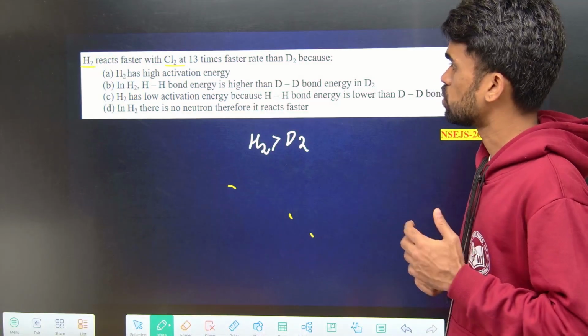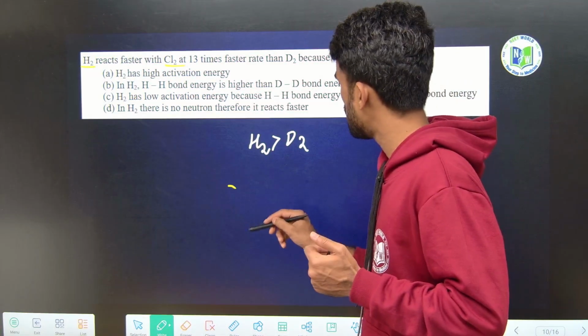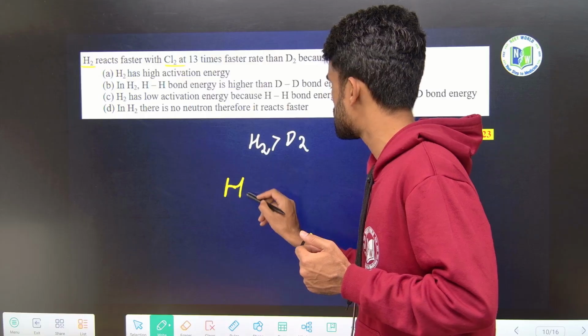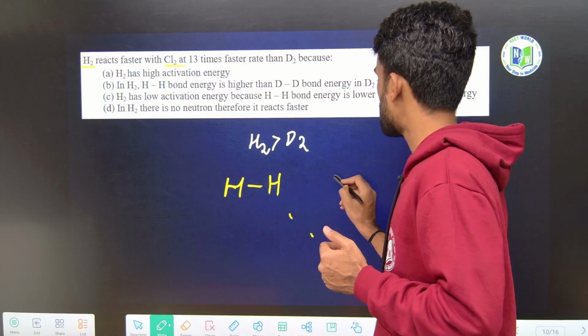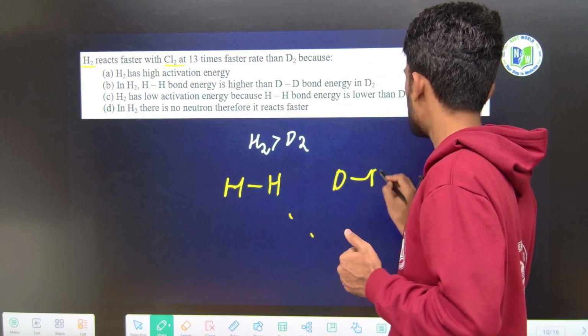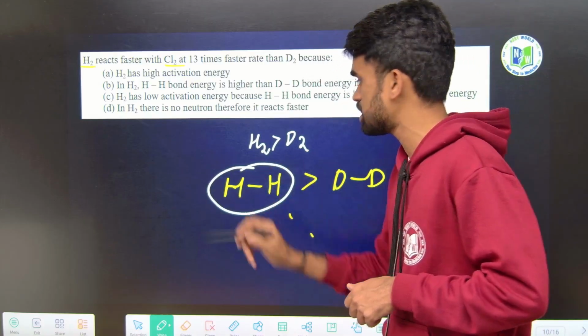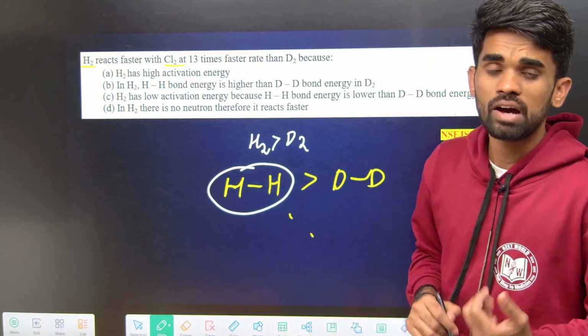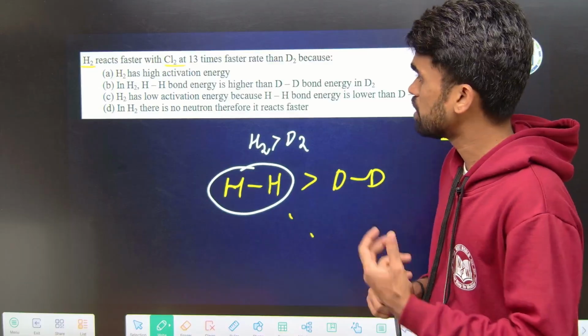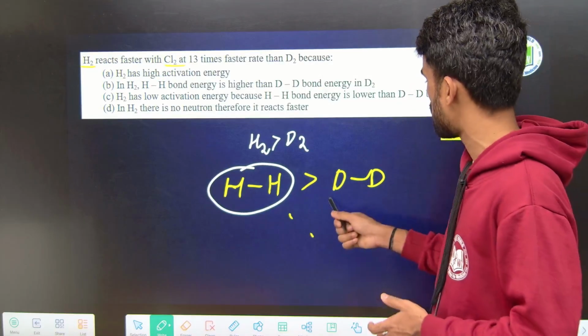Why is it so? Because the H-H bond energy is relatively less when compared with the D-D bond. So the H-H bond energy is lesser, it is easy to break, therefore it will involve in the reaction very easily when compared with D2.